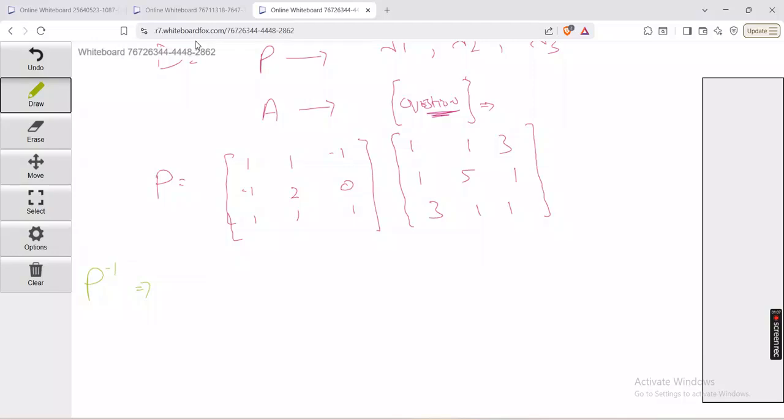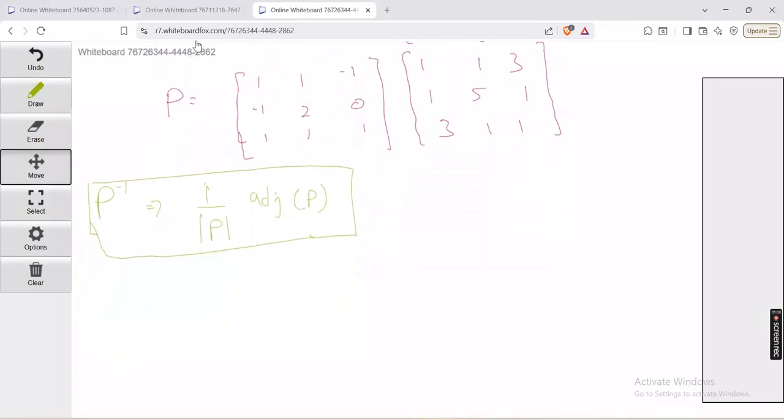If you remember, inverse is one over the determinant of P into the adjoint of P. And you remember all the steps. First determinant, then cofactors, then adjoint, and then take the inverse. So all the way you have to go.